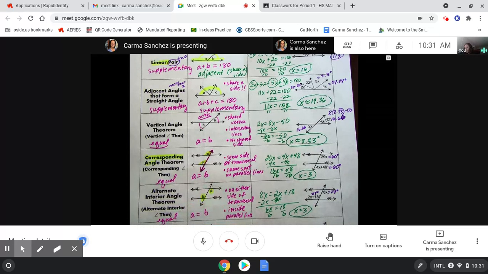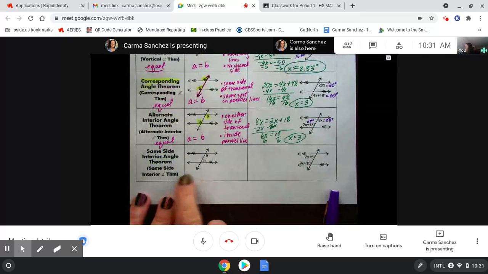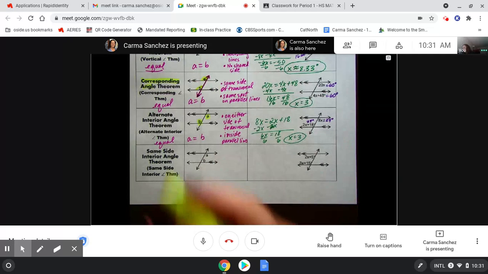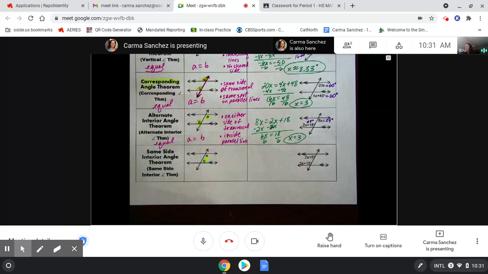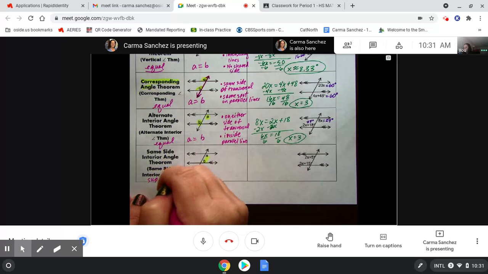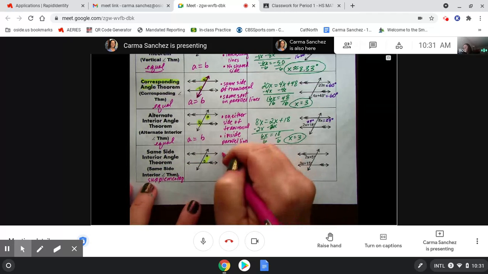All right, same side interiors, our last one. Same side interiors are not equal. Look at how one angle looks obtuse and one angle looks acute. These two, same side interior, are supplementary. Okay, so how am I going to recognize these?